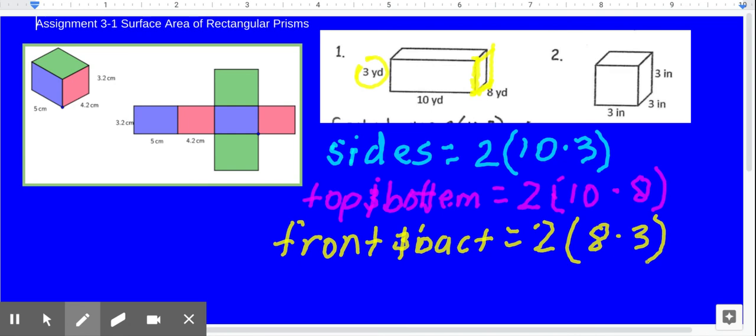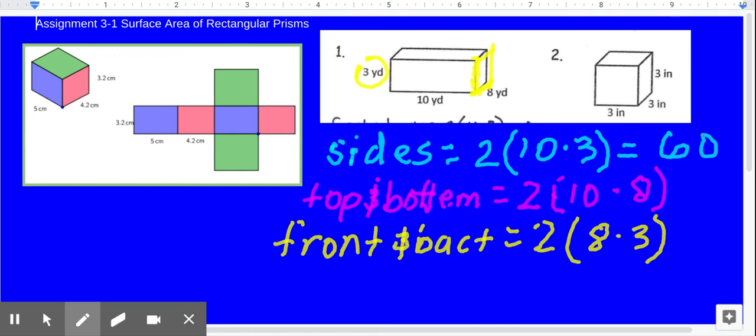Okay. So now I just have to figure out what these are. So I have 10 times 3, which is 30, and I have two of them. So 10 times 3 times 2 is 60.